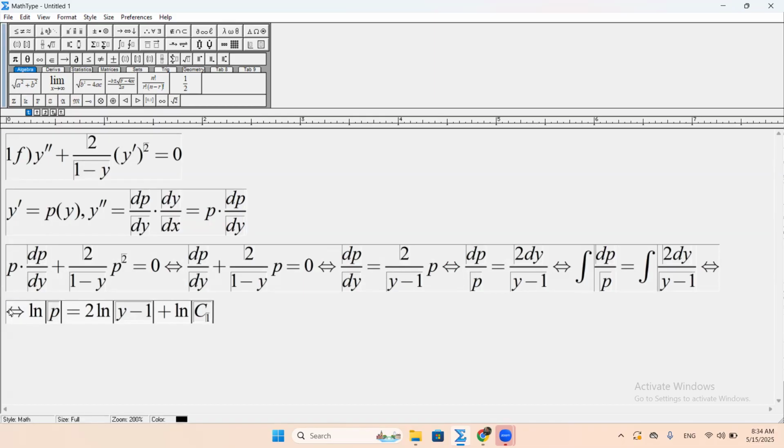So let's simplify it again. So p equals c1 times (y minus 1) square.